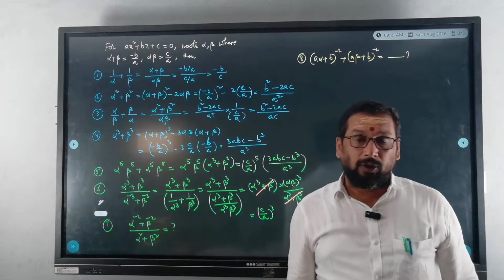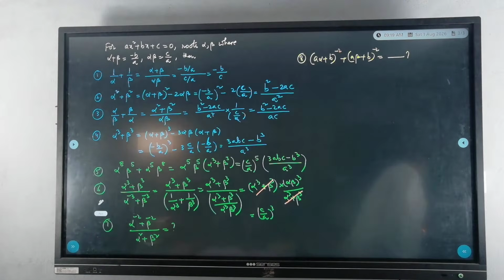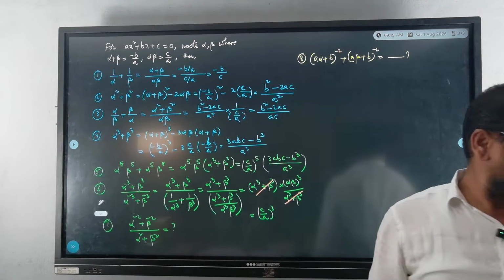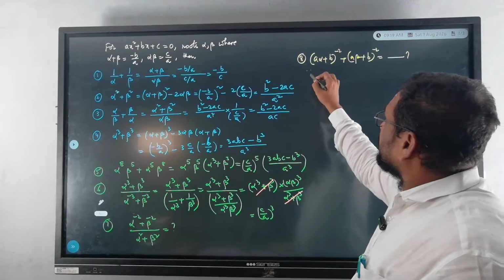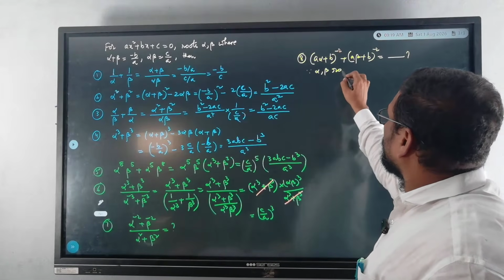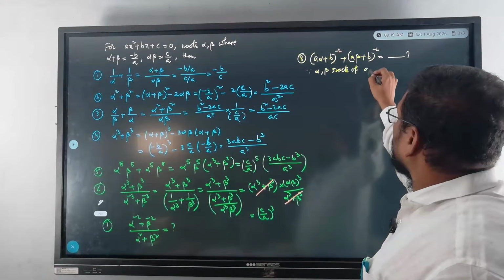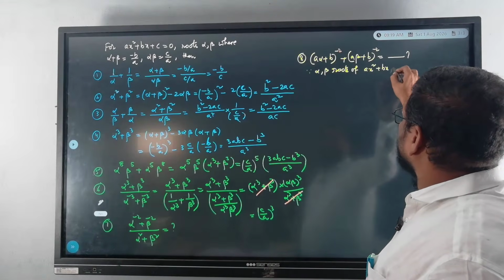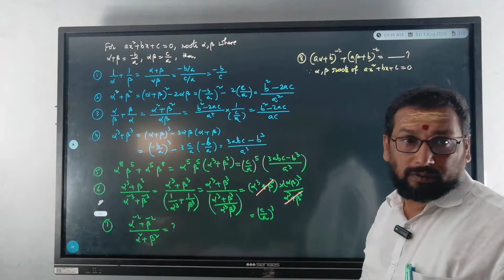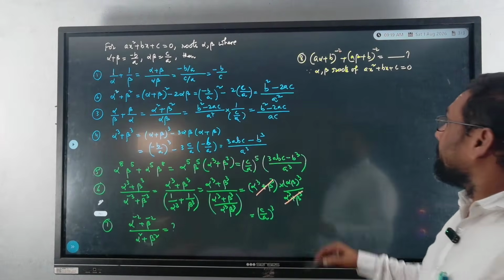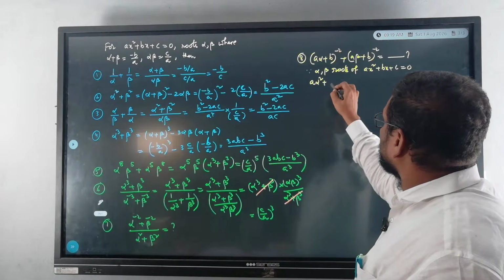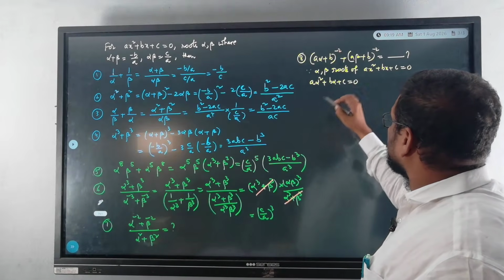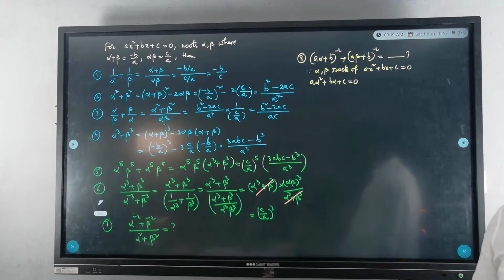a alpha plus b whole power minus 2 plus a beta plus b whole power minus 2 is what? See, since alpha and beta are roots of ax square plus bx plus c is equal to 0, now suppose we substitute alpha: a alpha square plus b alpha plus c is equal to 0, right?